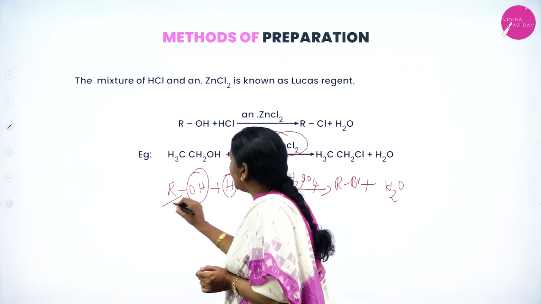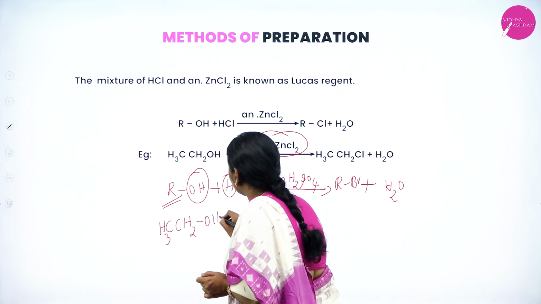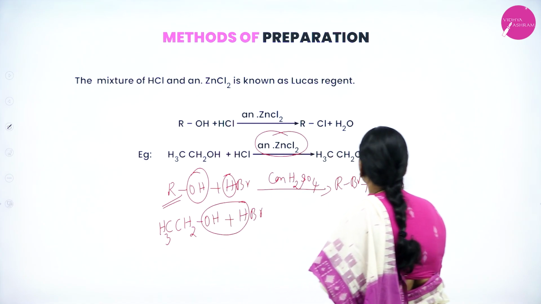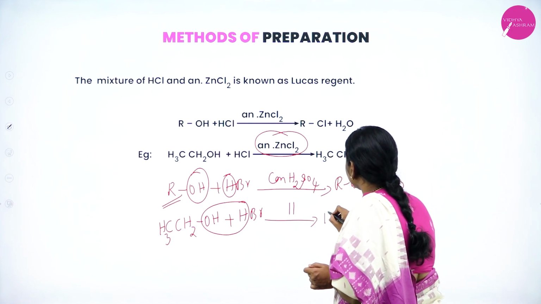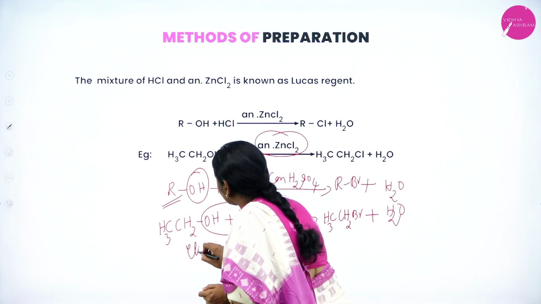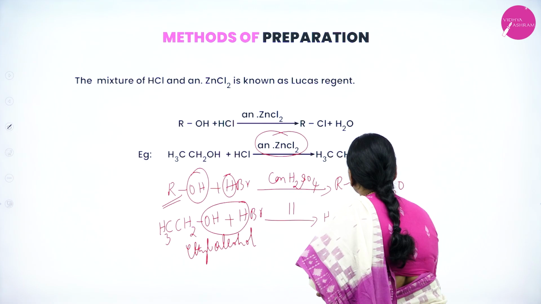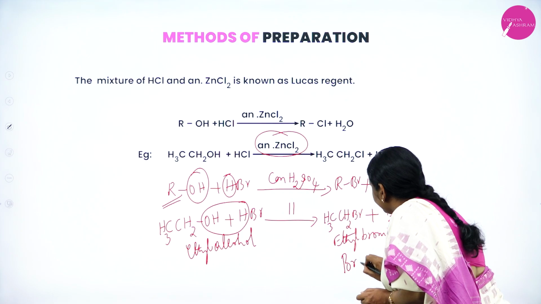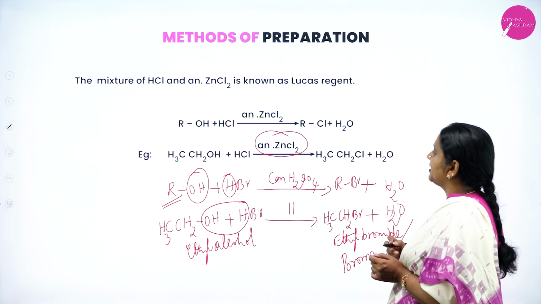Example, in place of R, I will put CH3CH2: CH3CH2OH plus HBr gives water, and in the presence of concentrated sulfuric acid, the product is CH3CH2Br. This is ethyl alcohol. This is ethyl bromide, its trivial name. Bromoethane is its IUPAC name.